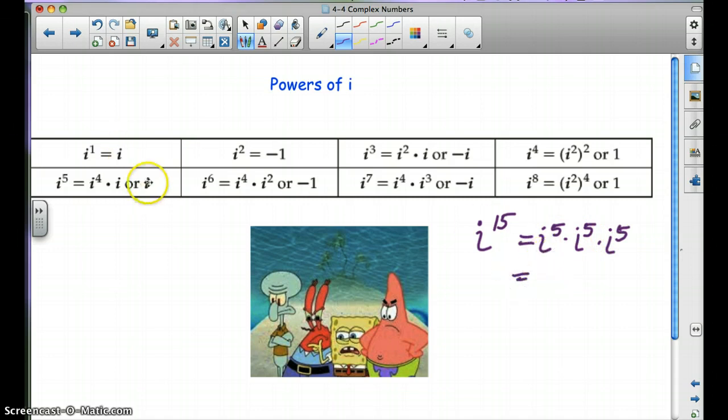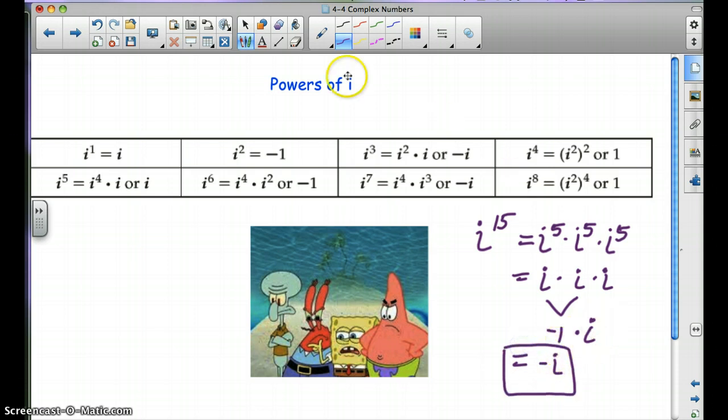It ends up being i in this chart. So i times i times i. Well, i times i, which is i squared, is going to be a negative 1. And then we're left with i here. So i to the 15th power is going to be a negative i.